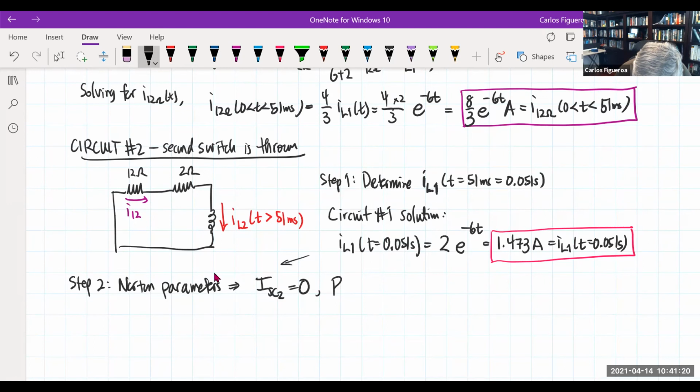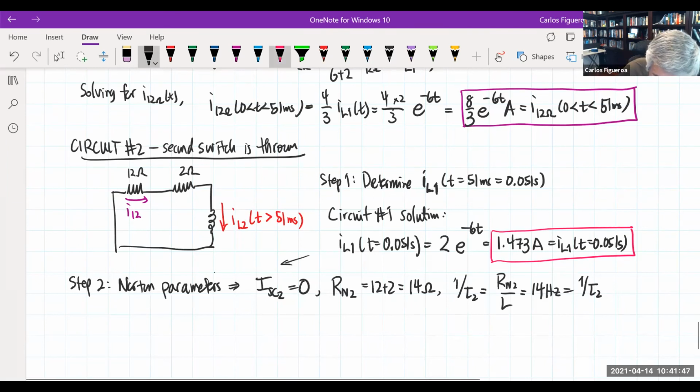So our Norton resistance for the second switch should be 12 plus 2, so it should be 14 ohms. Then if I go calculate the time constant, 1 over tau 2 is then going to be Rn2 over L. So this is going to be 14 over 1, so I'm going to get 14 hertz for 1 over tau 2. And look at the time constant. We expected this to be a stronger decay because we got rid of that 6, which increased the resistance.